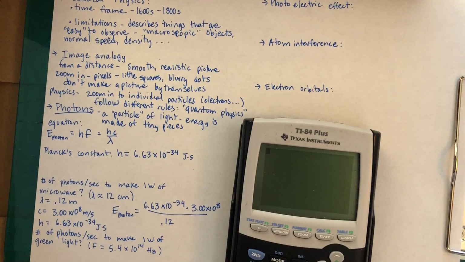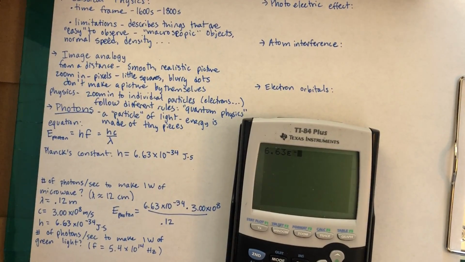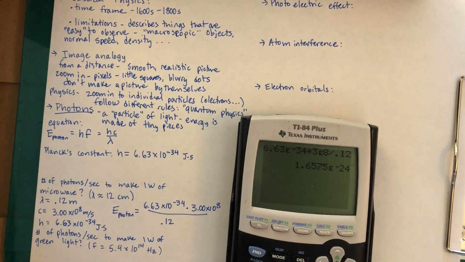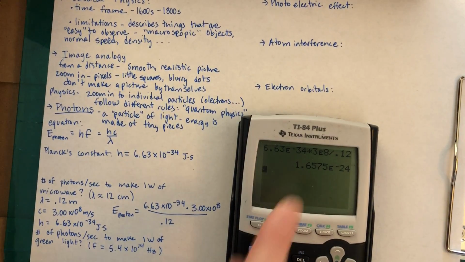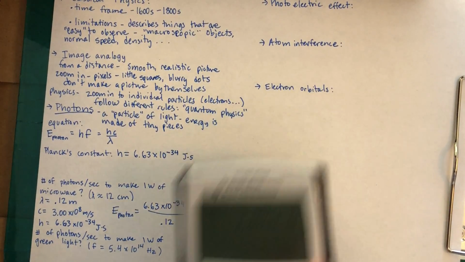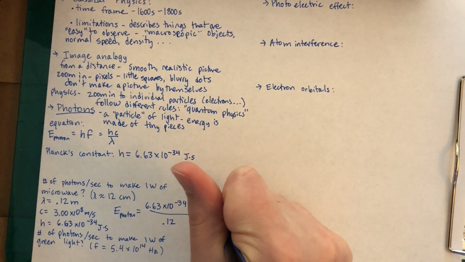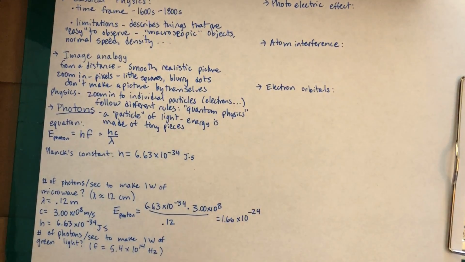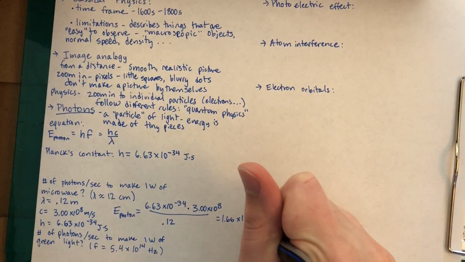You can also just type this into Google. 6.63 E minus 34 times 3E8 over 0.12. 1.66 times 10 to the negative 24, and then we have joule seconds times meters per second. Meters cancels out, seconds cancels out. This is just joules because it's an energy.